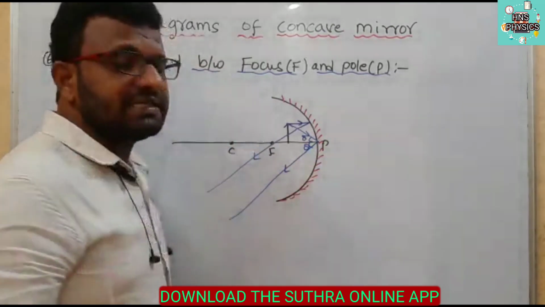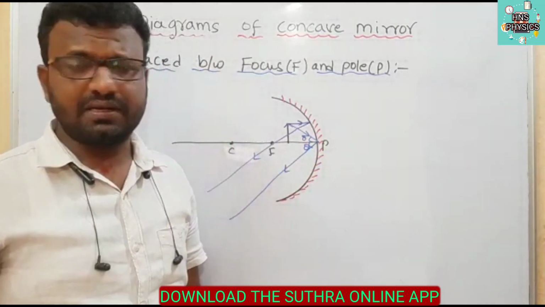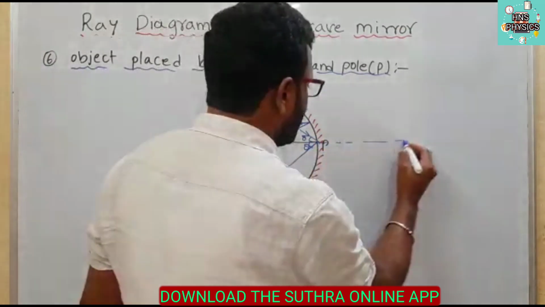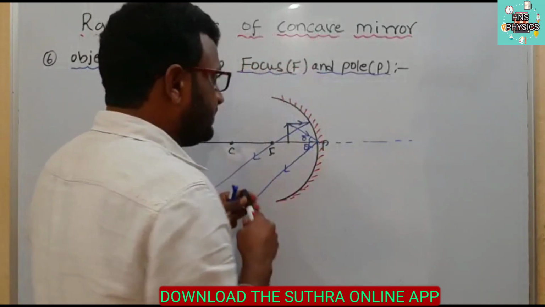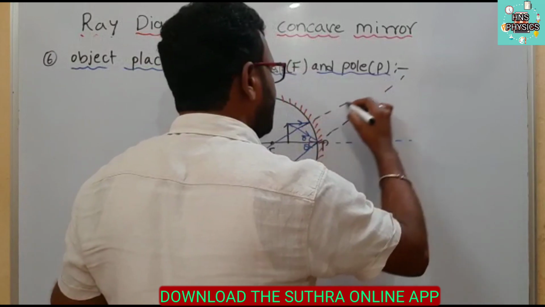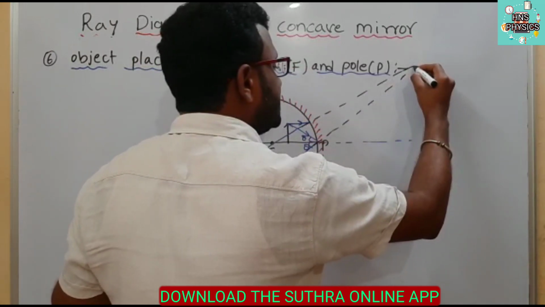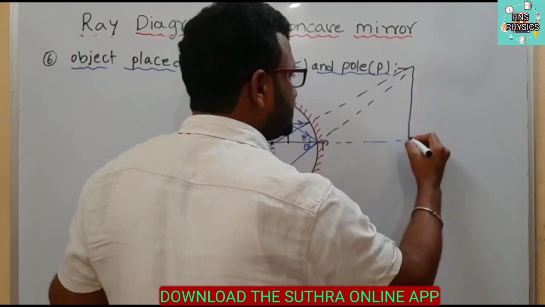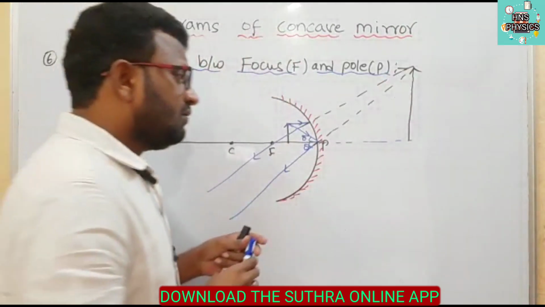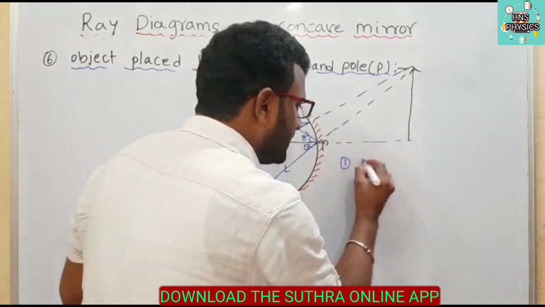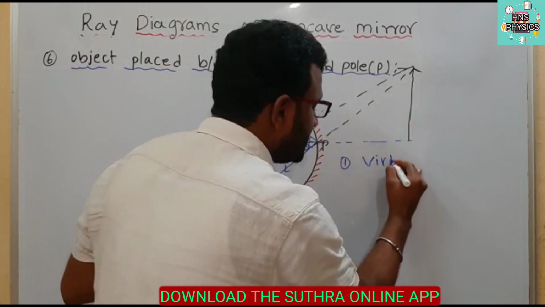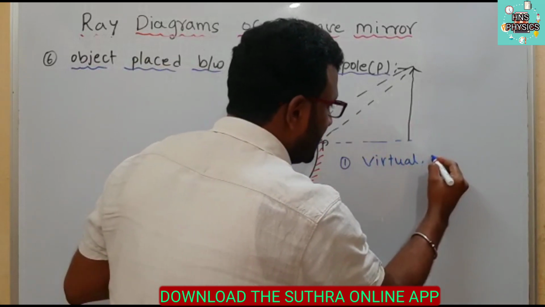But in this case, the image appears inside the mirror, that is, behind the mirror. So if we extend the rays, the image appears inside the mirror. This is the image. So what is the nature? Nature is virtual, erect. Virtual means the image cannot be caught on a screen.